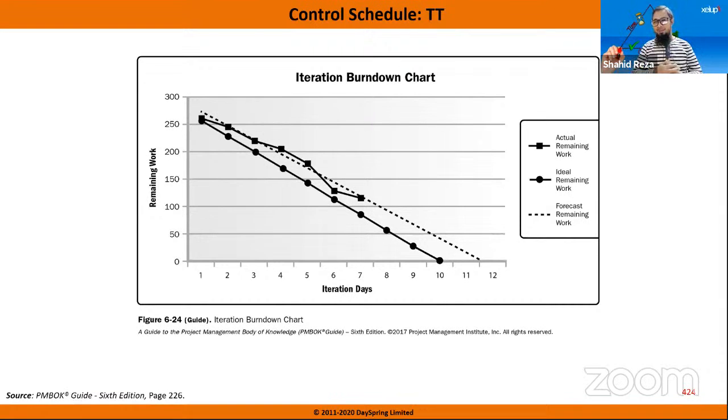Or are we performing more than our planned schedule? What will be our answer? Behind. We are behind, right? So this simple question can come. Yeah. This is mostly used for Agile projects, and they use this burn down chart for measuring the progress of their project.